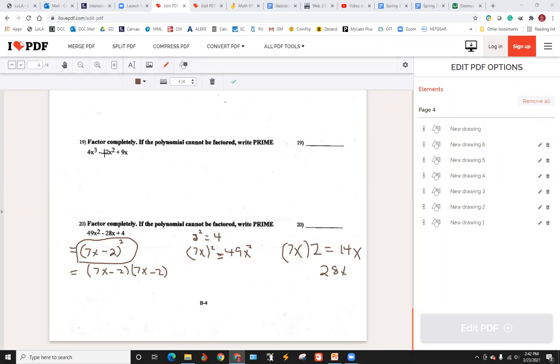There's no common factor between 4 and 9, so we can't take out a number. But what do you see on the three terms? They've got what that's common? And there's your hint right there. X. All right. And there's an x in every one of those terms.